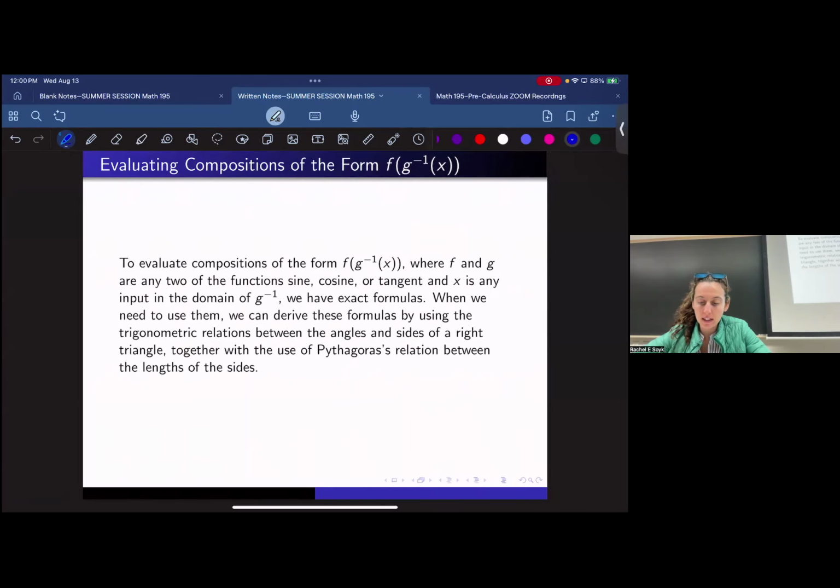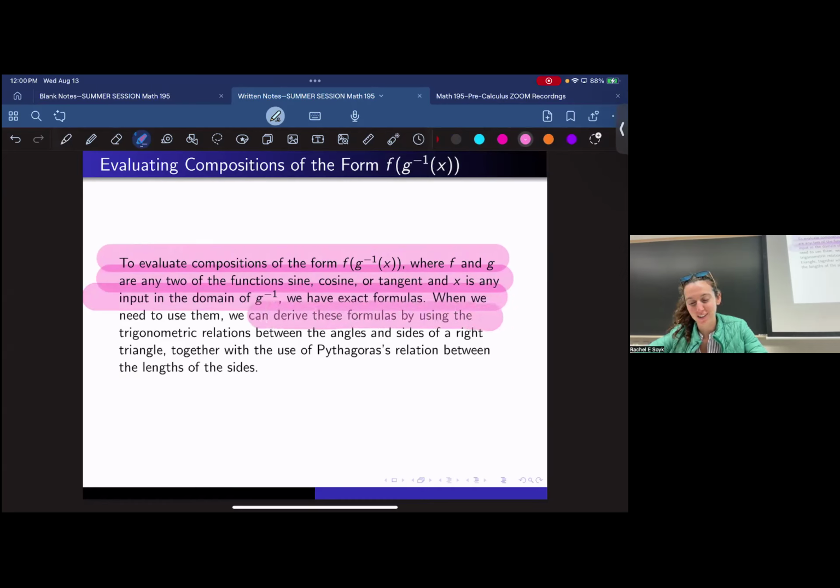And then evaluating compositions of the form f of g inverse of x. So maybe I'll have a student read this in pink. Feel free to start reading while I just continue to highlight. No one? Ariana. Evaluate composition of the form f of g to the inverse of x, where f and g are any two of the functions sine, cosine, or tangent, and x is any input in the domain of g.